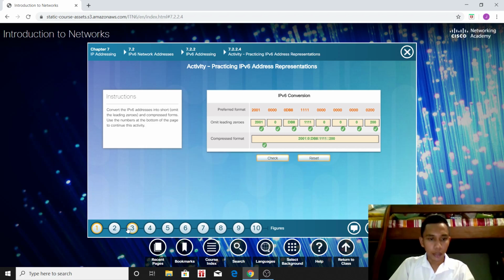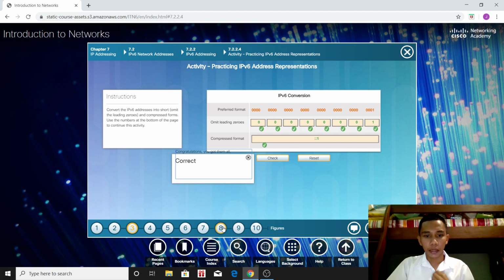So let's try another one. So 0 0 0 0 0 0 0, then 1. So the compressed format is, so all the 0s are written like this, then write 1. So correct.